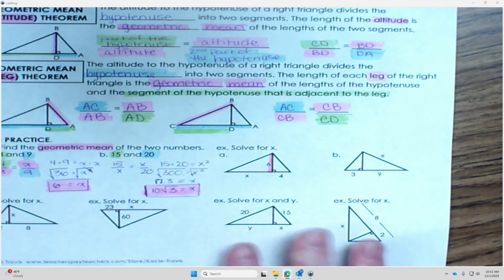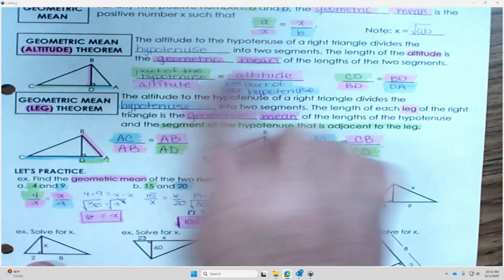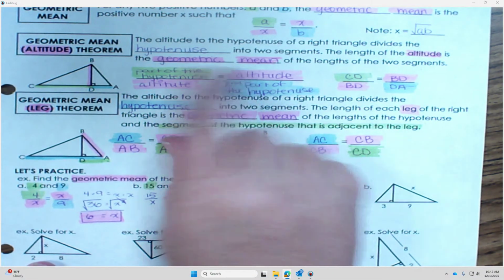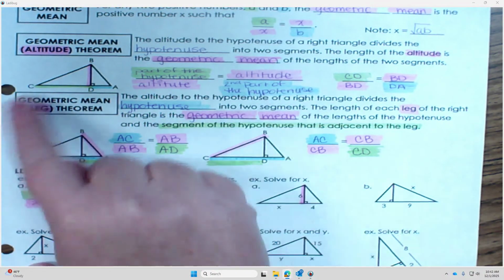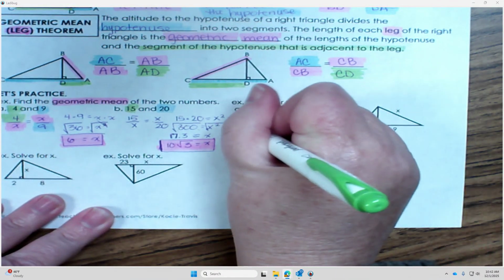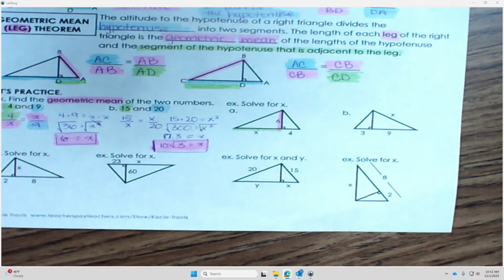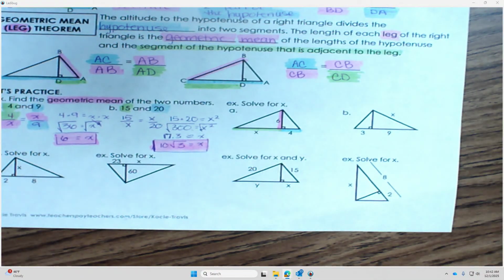And so if they use the altitude, then I need to come up here and go, okay, the altitude is the pink part, the geometric mean. And then I need one part of the hypotenuse compared to the second part of the hypotenuse. So I'm going to take my green and my blue, and I'm going to say one part of the hypotenuse, and I'm going to compare it to the second part of the hypotenuse.